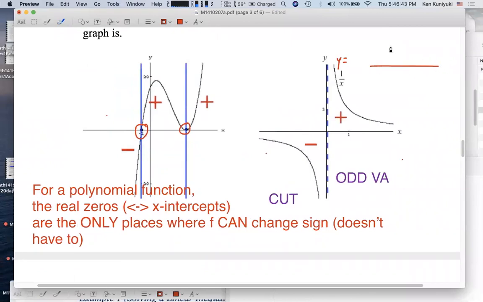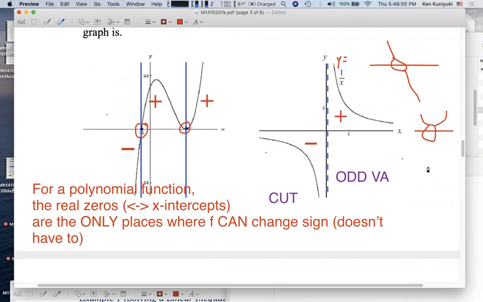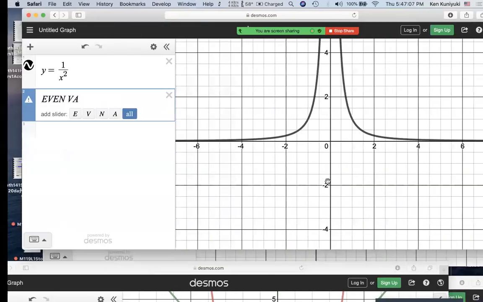Also, you can change sign potentially at holes that happen to lie on the x-intercept. Although, again, you don't have to. All right. So again, where can a rational function change sign? At the real zeros or where it's undefined, like if you have a VA or a hole. But you don't have to change sign. You could have a bounce here, for example, or you could have an even VA, like over here.